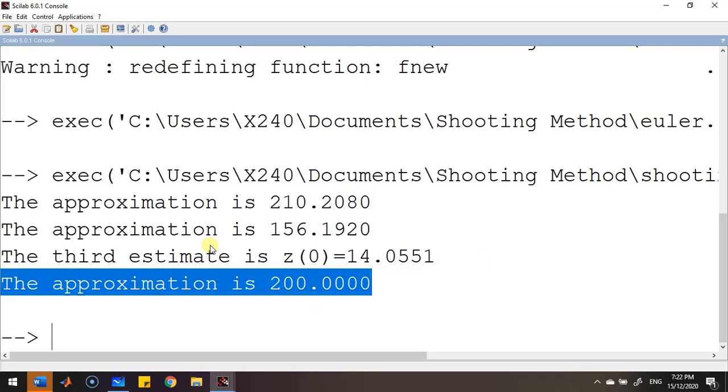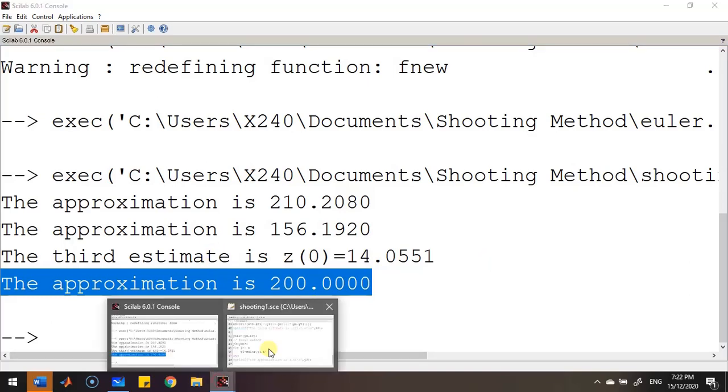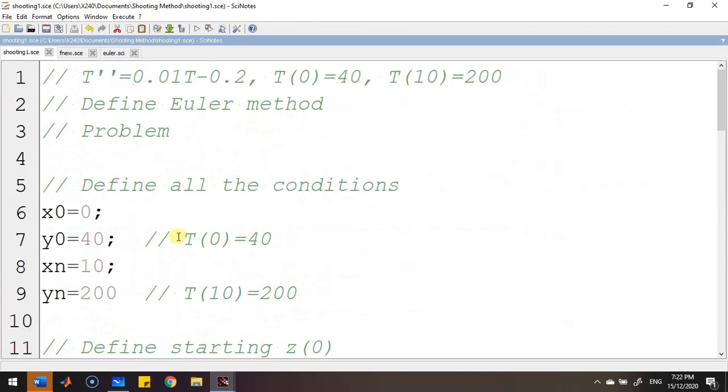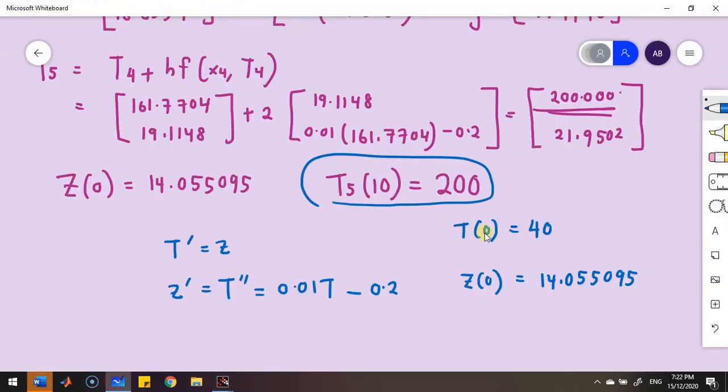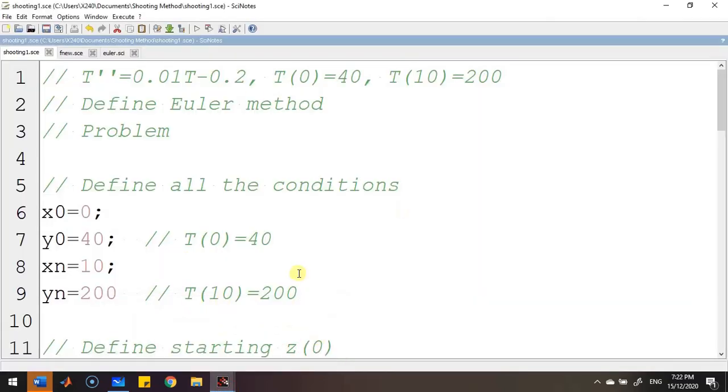Now I bet Scilab is much easier than doing all this calculation. You have to agree with me. But you need to write this hand calculation so that you know how to put it in Scilab.